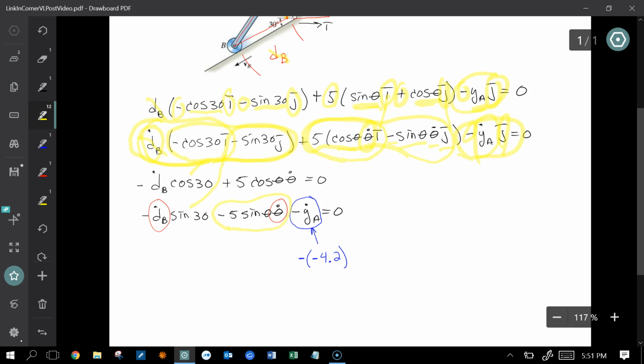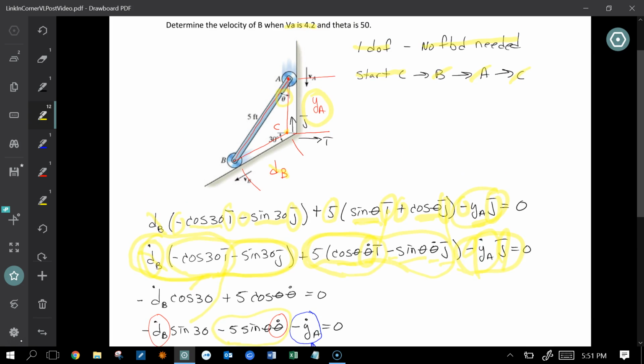Okay, let's plug in what we know. We know that the velocity is going down. Just like you did with the ropes, if this velocity is going down, is YA getting bigger or smaller, the distance? YA is getting smaller. If YA is getting smaller, then its dot is a negative number.